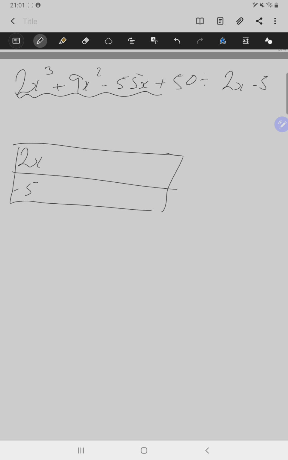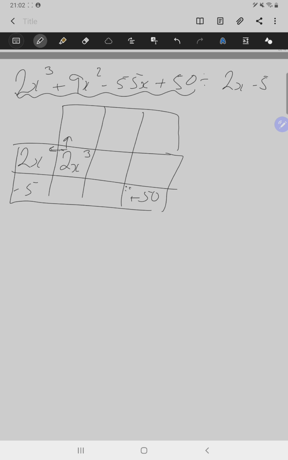We have 4 terms in our initial equation, so we're going to have 3 boxes. In this box here, our highest power of x, so that's 2x cubed. And in this one down here, the number by itself, so that's plus 50.